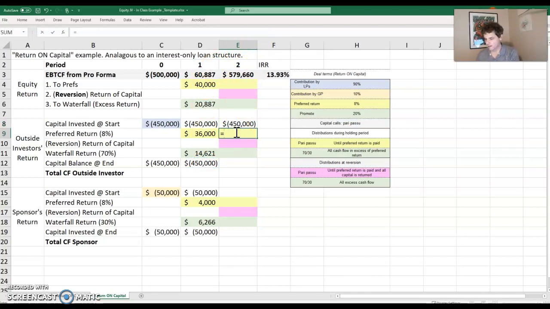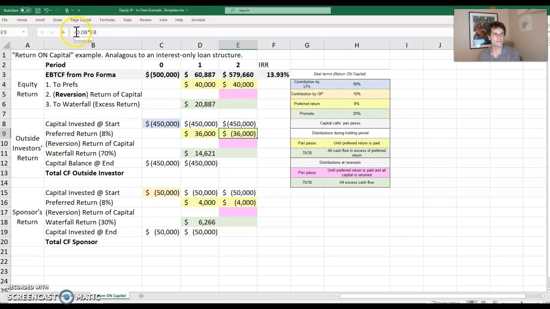So it remains 8% of $450,000 for the LPs and 8% of $50,000 for the GPs, the general partners. And again, we have $40,000 that was distributed in the preferred return.